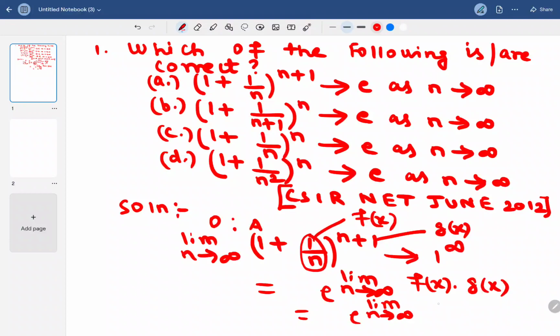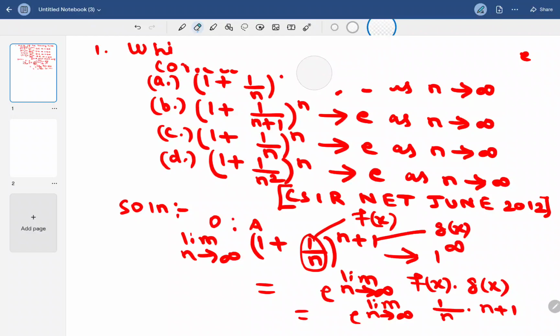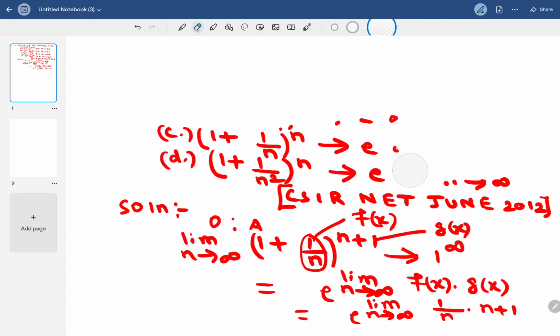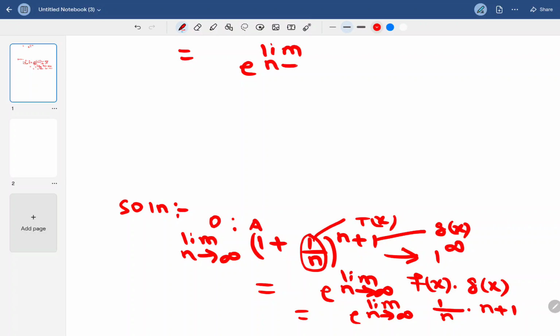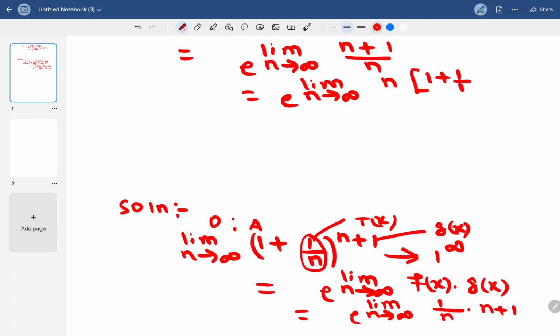Limit n tends to infinity of 1 by n into (n plus 1), which is equivalent to e power limit n tends to infinity of (n plus 1) by n, which is equivalent to e power limit n tends to infinity of 1 plus 1 by n.